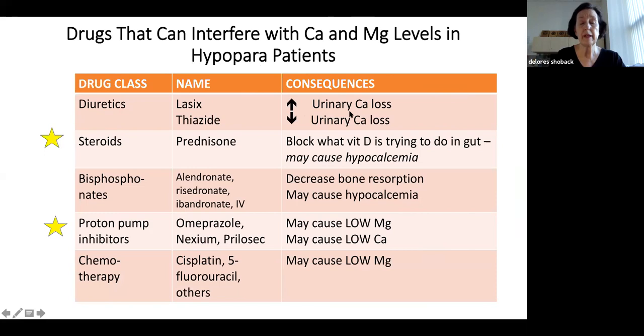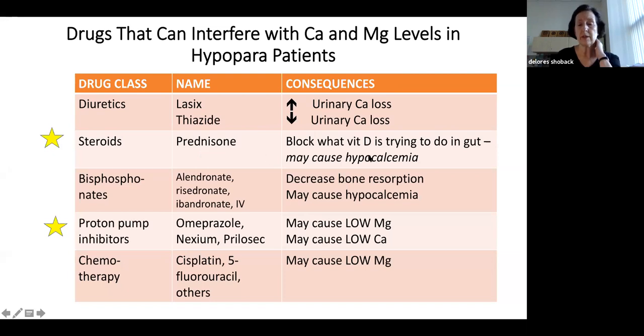And so you're probably going to need more calcium or more calcitriol or more of both. If they're going to put you on a thiazide and you haven't been taking a thiazide, that's going to decrease the calcium in the urine, and it may raise the blood calcium. So that's going to have an effect.